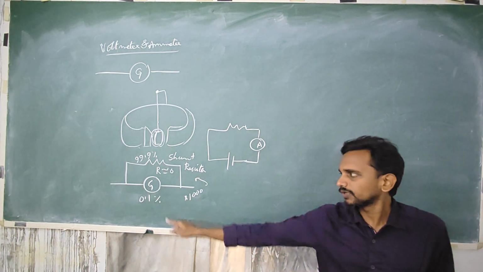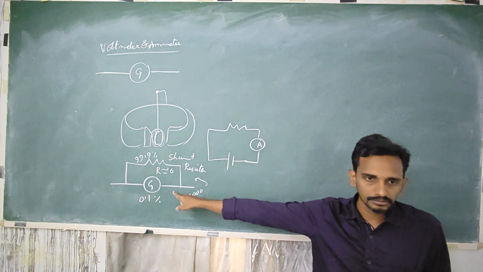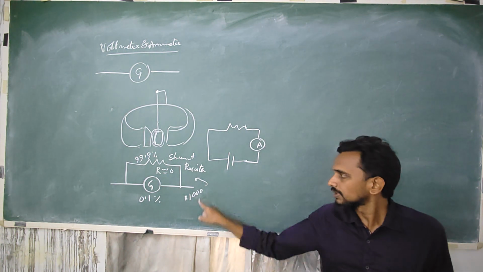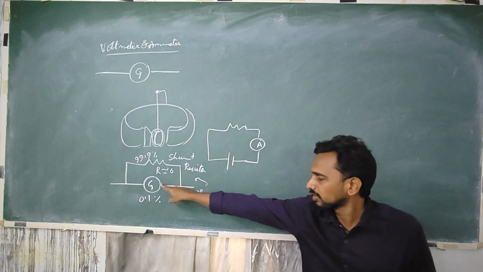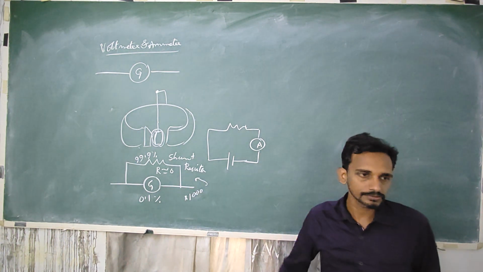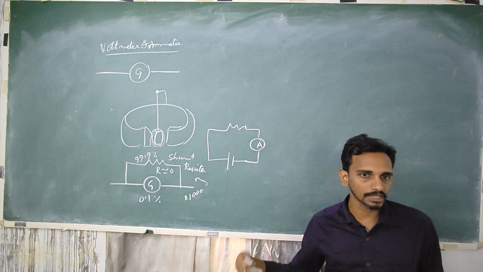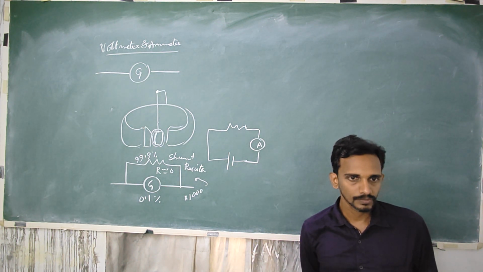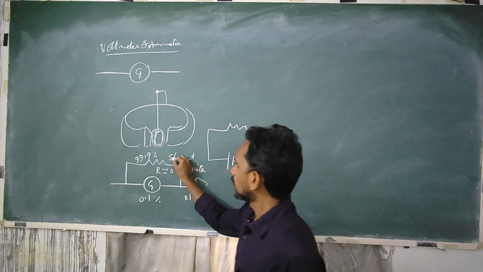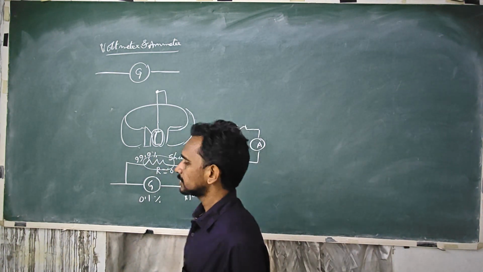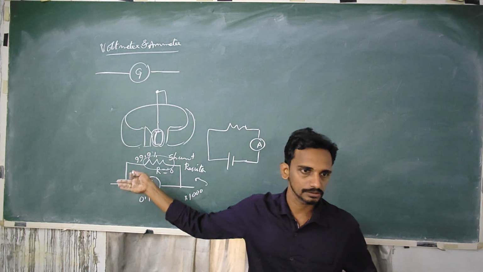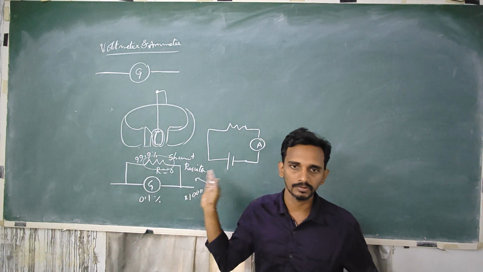So I count a fraction of the current flowing through it, let's say 0.1, and I multiply whatever number I got in the galvanometer with 1000. I'll get the actual current flowing through the circuit. And at the same time, I'm not disturbing the actual flow of electrons. Almost 99.9% of the electrons are bypassed.